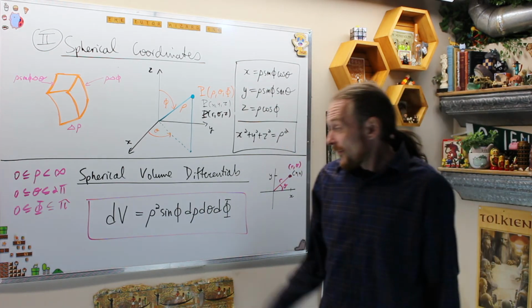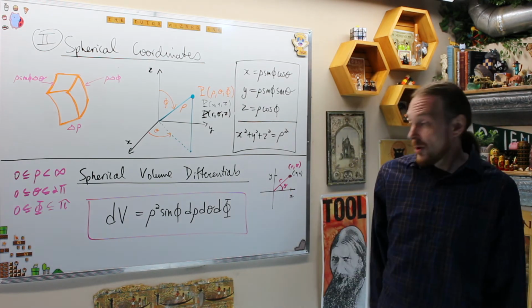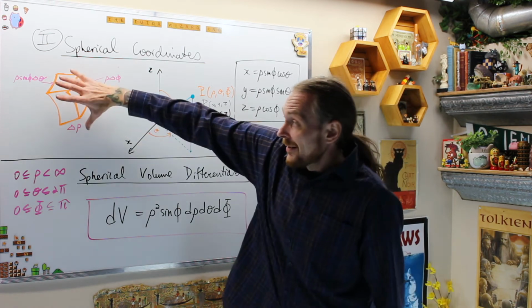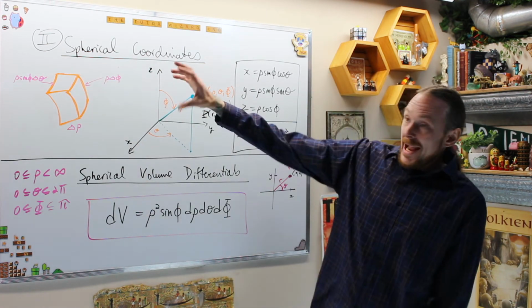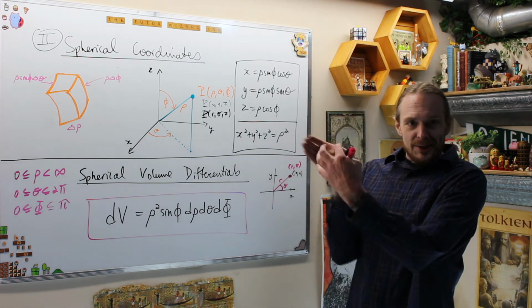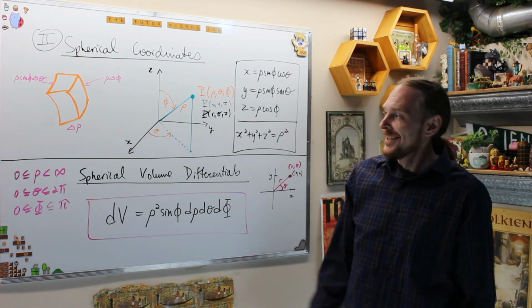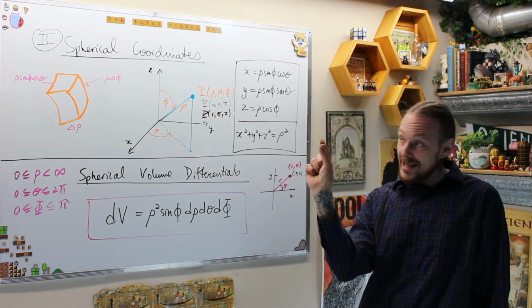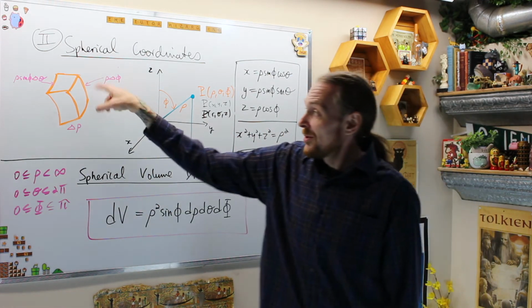What is the differential volume for spherical coordinates in this derivation? Again, we're going to do this in the next section, but the picture sort of gives us, if we have a spherical box with 2 sides that are curvy, this one is the rectilinear one, that's just the differential of the radius rho. But now we have 2 little differentials.